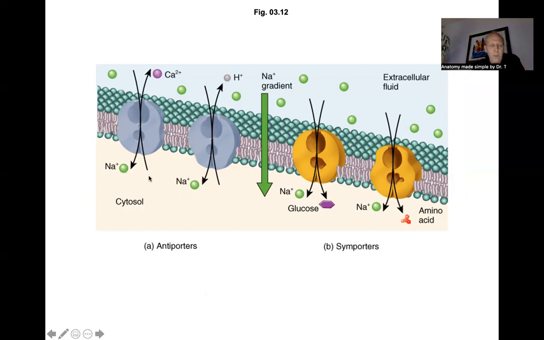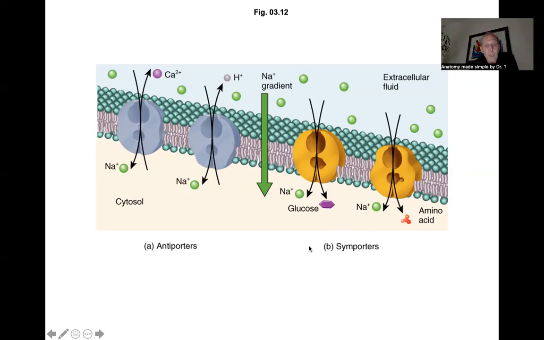Sodium is brought into the cell, but calcium ions are exported, or we see here sodium being imported and hydrogen ions being exported. We know that the sodium gradient is easily followed, so high to low, and this is what energizes the pump. It is the movement of sodium particles that really helps us expel calcium or hydrogen.